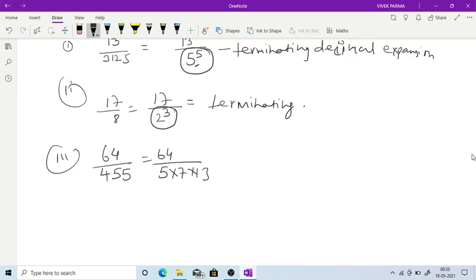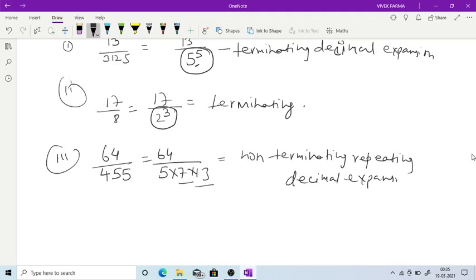So see here, except 5, the other numbers are 7 and 13, right? So this will give non-terminating repeating decimal expansion, right?